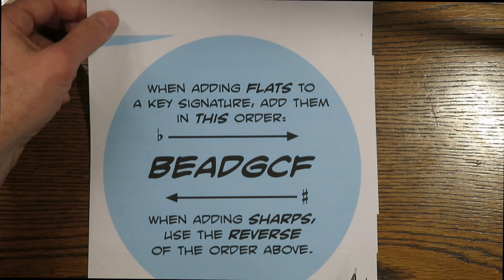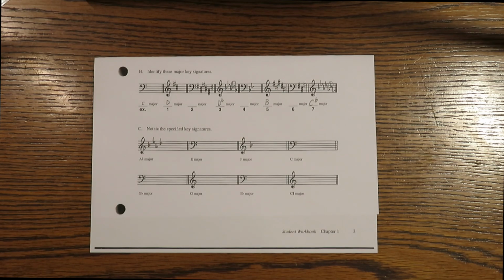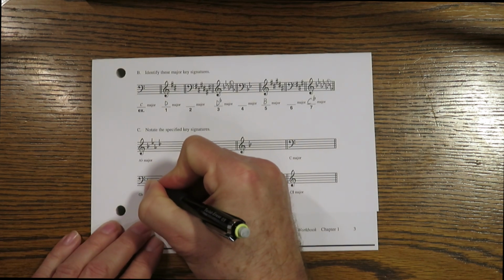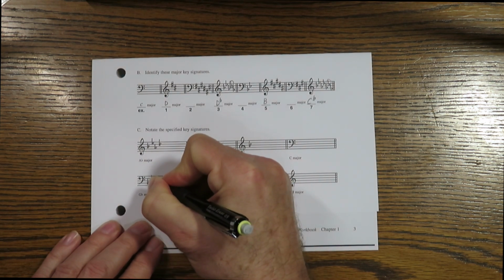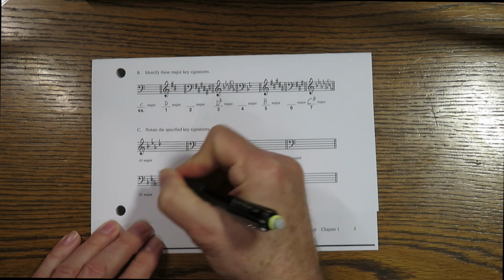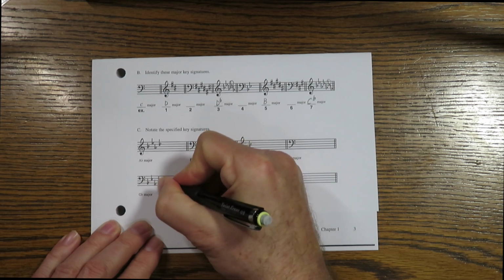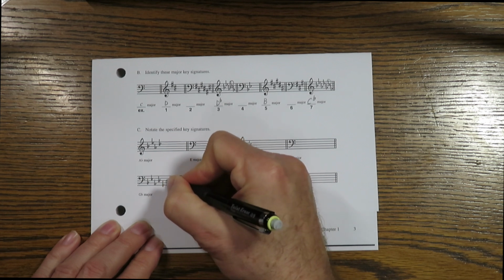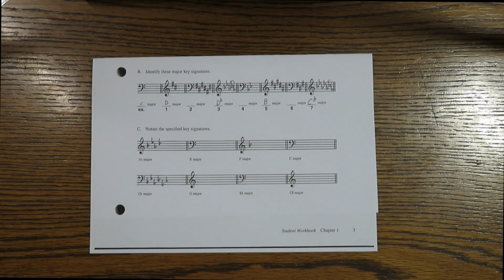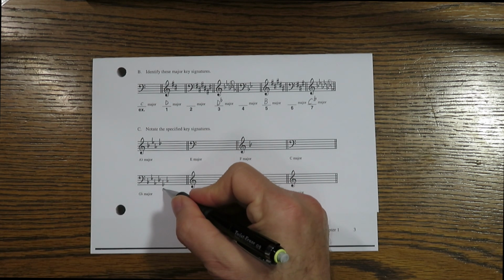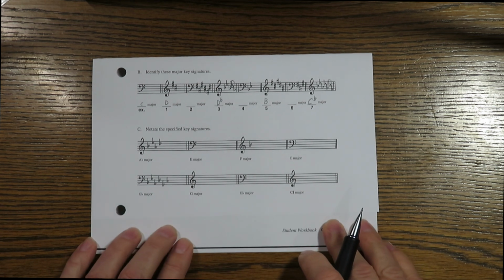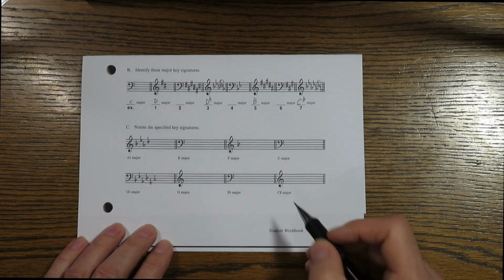So we start here: B, breakfast, eating, after, donuts, gets, Charlie. Okay, we go to the second to the last flat, and it's a G flat. And a lot of flat keys today for me here.